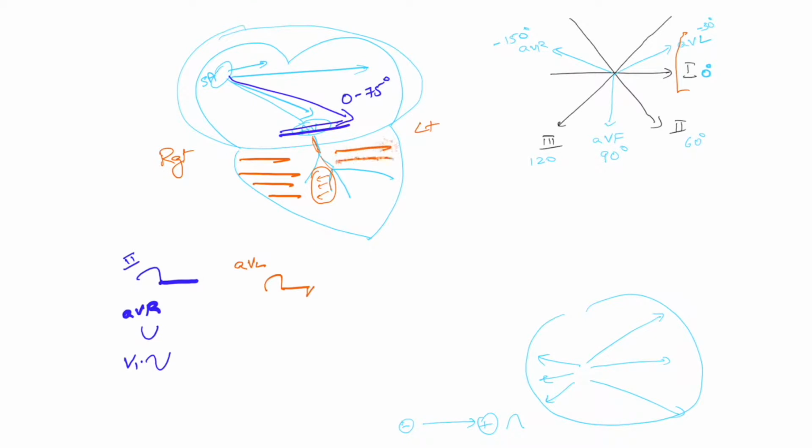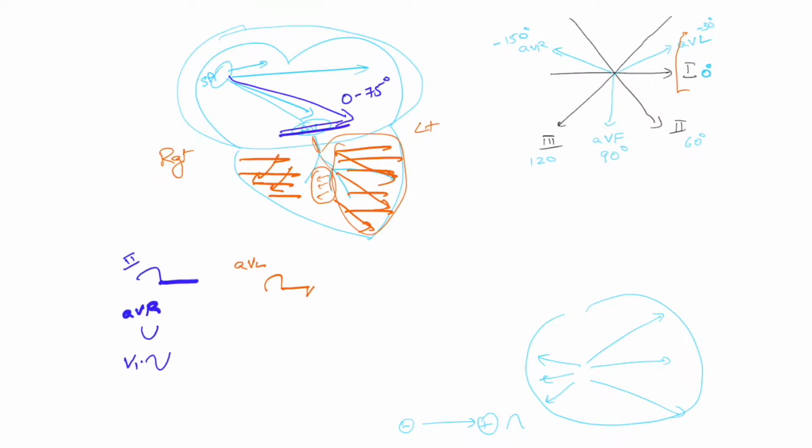Now, once the septum is depolarized, the right ventricle and the left ventricle all depolarize. The thing is, you have multiple vectors going in every direction, but the left ventricle is much bulkier compared to the right ventricle, and so there are more waves of depolarization going to the left.